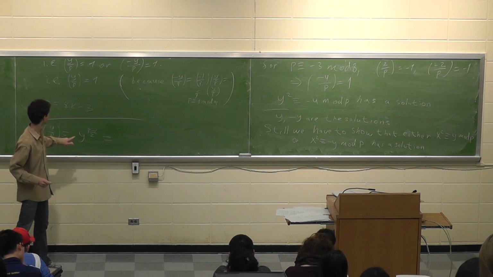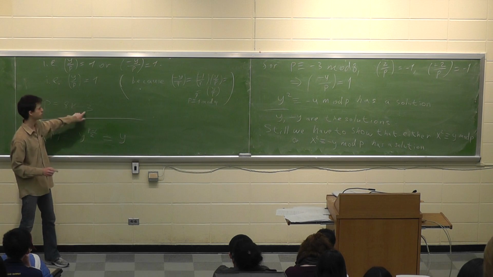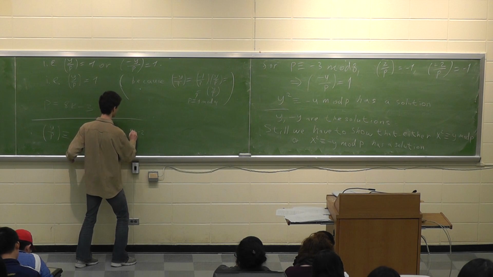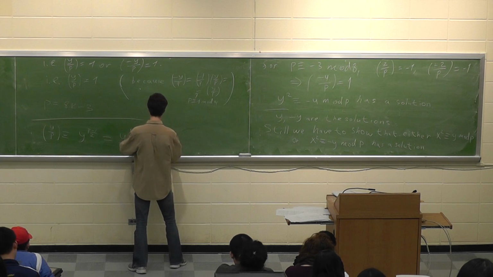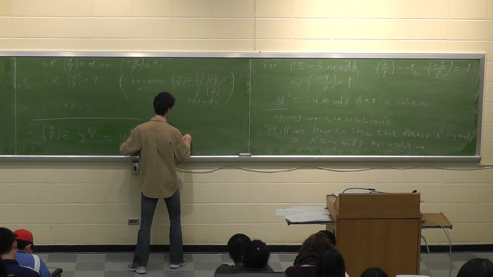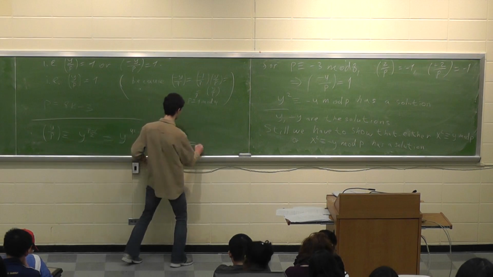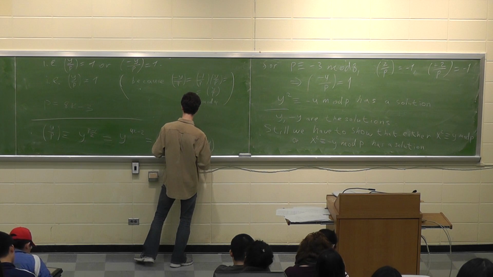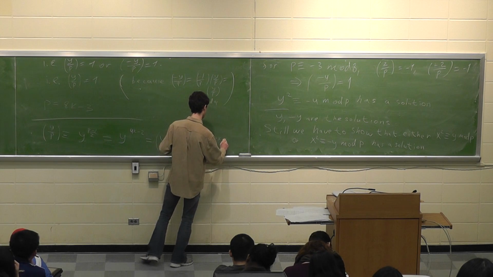What is y to the power (p minus 1) over 2? Well, p minus 1 is 8k minus 4, so the exponent is 4k minus 2. At least I can transform it. It's y squared to the power 2k minus 1, so it is minus 4 to the power 2k minus 1.